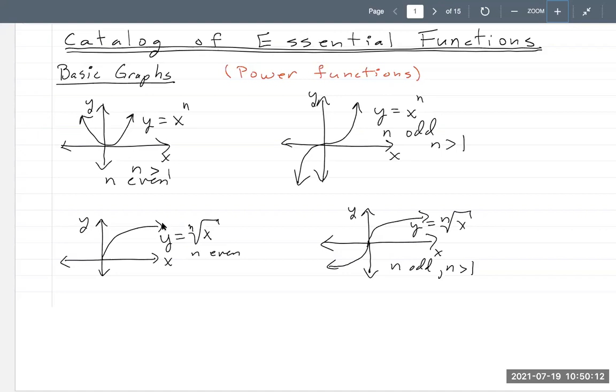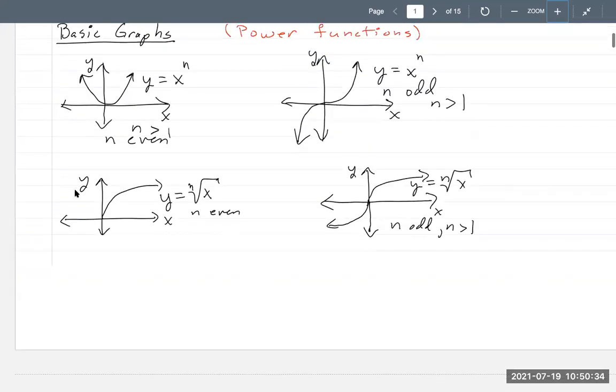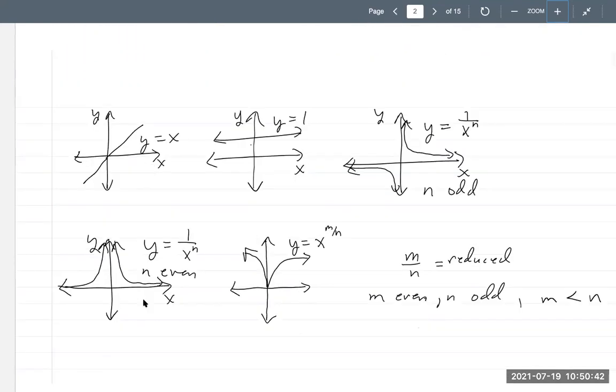And if you're trying to take even roots of negative numbers, then you won't have anything over here. If you're trying to take odd roots, then you will have something over here. And it'll either be up here or down here, depending on if it's symmetric about the y-axis or symmetric about the origin.